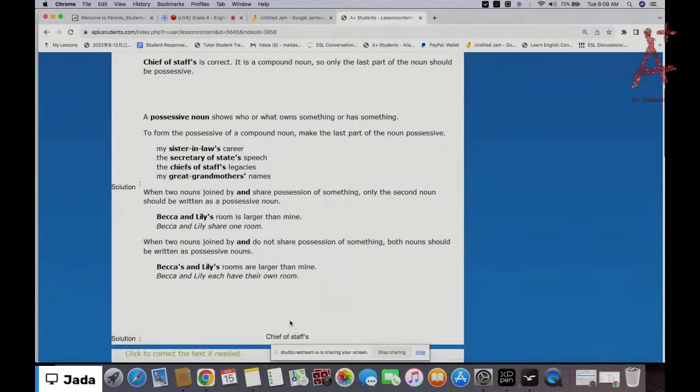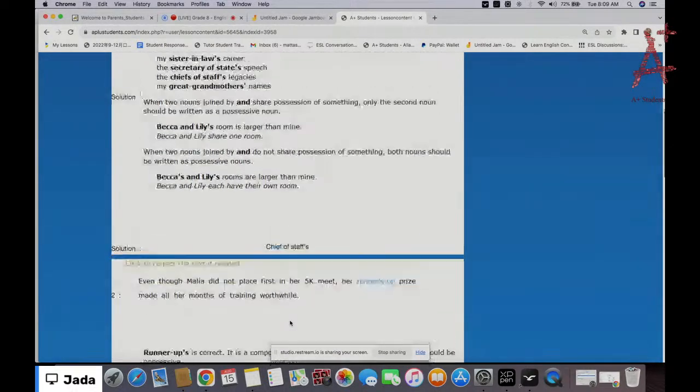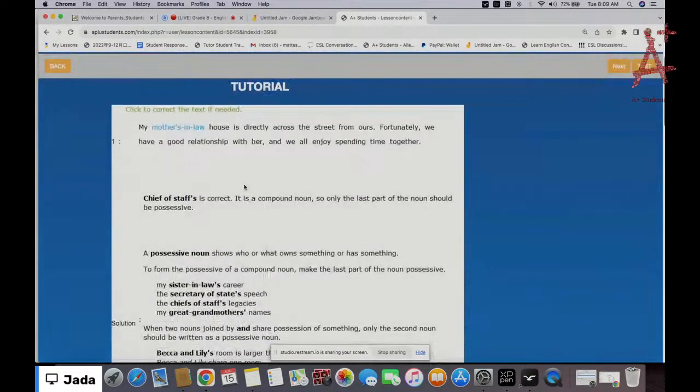So let's see. Click to correct the text if needed. So we have to click and see if we have to correct the text. My mother's in-law house is directly across the street from ours. Fortunately, we have a good relationship with her and we all enjoy spending time.